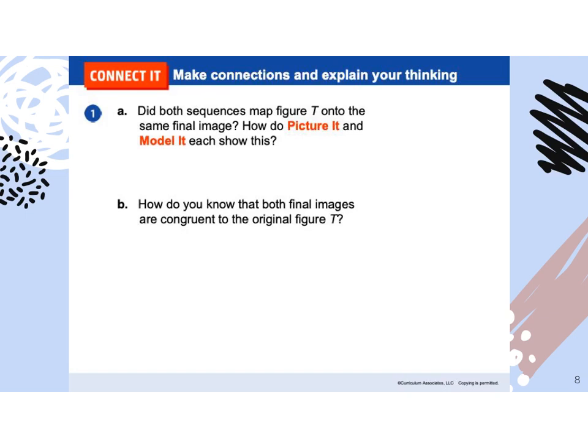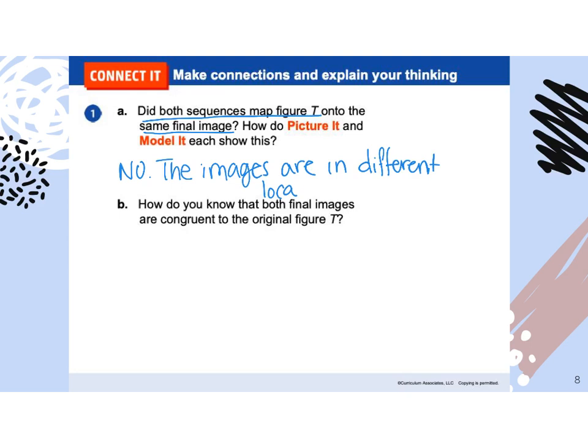Okay, so did both sequences map figure T onto the same final image? No. The images are in different locations. So how do picture it and model it show this?